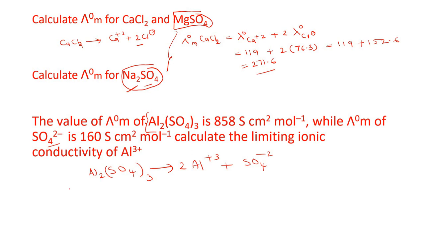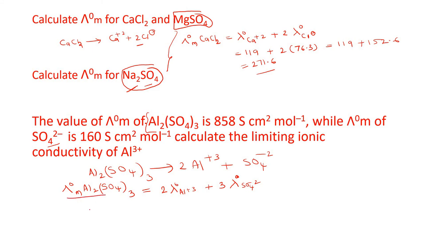So the molar conductance of the ionic compound Al2(SO4)3 equals 2 moles of aluminum, so 2 times the molar conductance of aluminum plus 3, plus sulfates are how many? 3. 3 into the molar conductance of sulfate, SO4 minus 2.